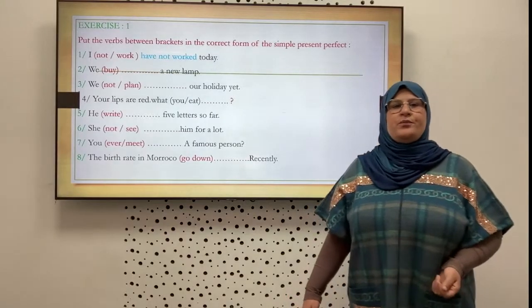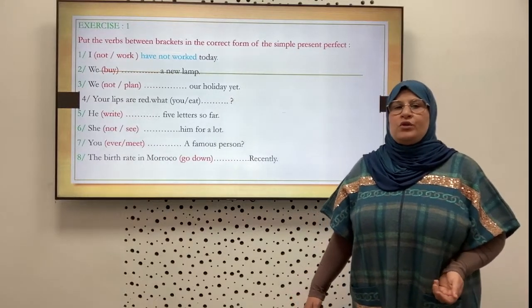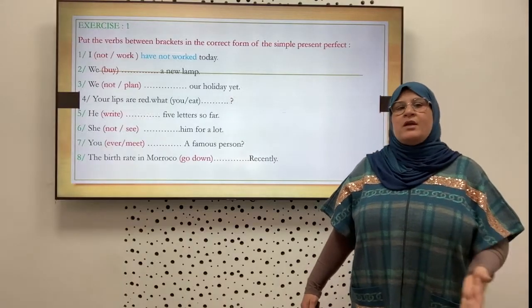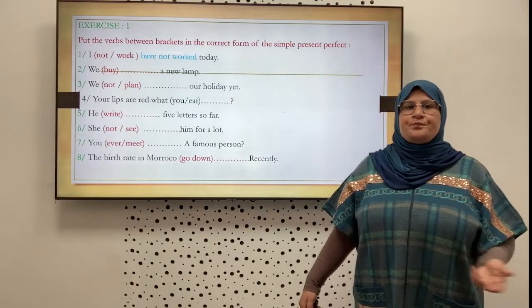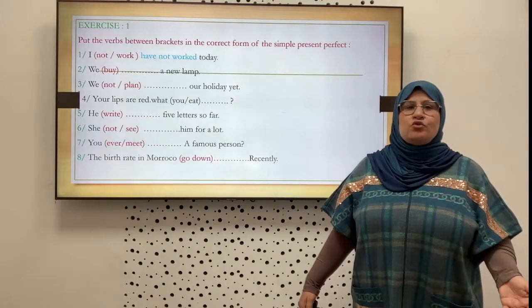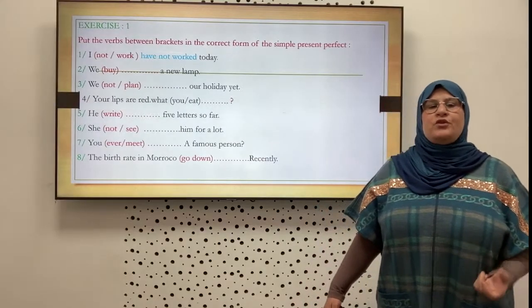So for example, I (not work) today. The signal word used here is today, which shows that the period of time is not yet finished. Today, this week, this month, this year, this century, this decade, all these are unfinished periods of time.